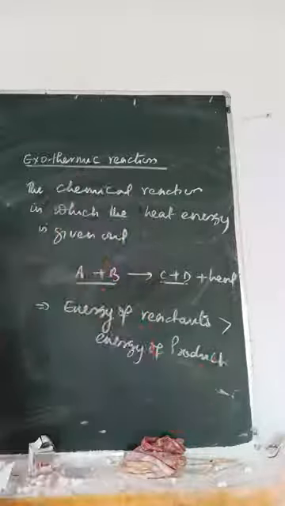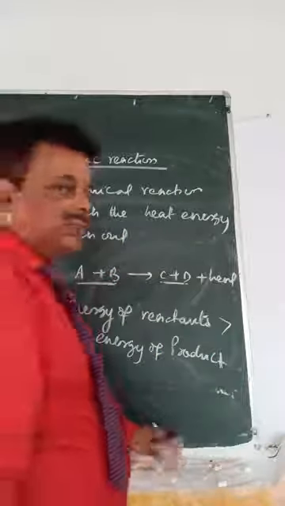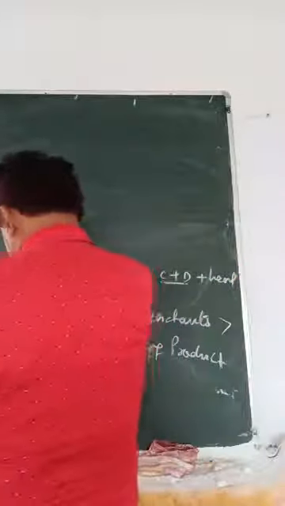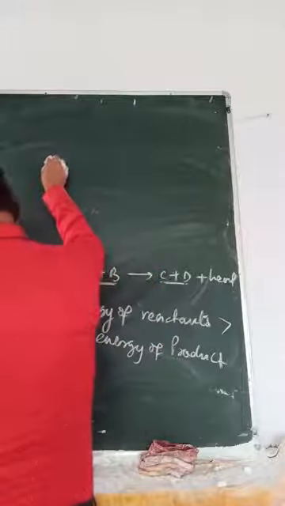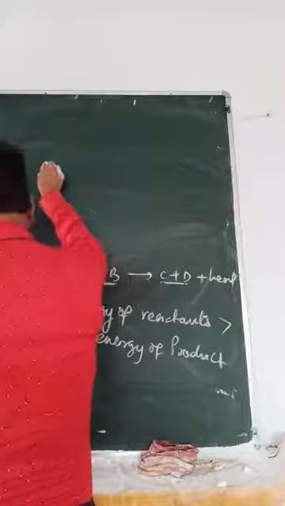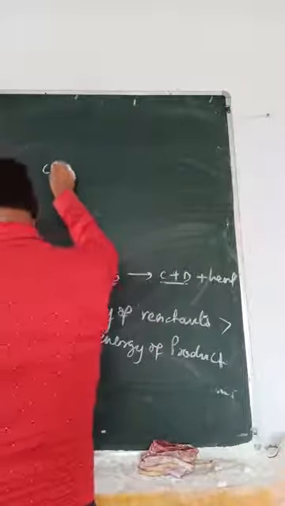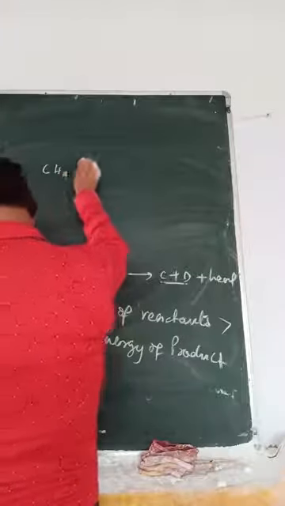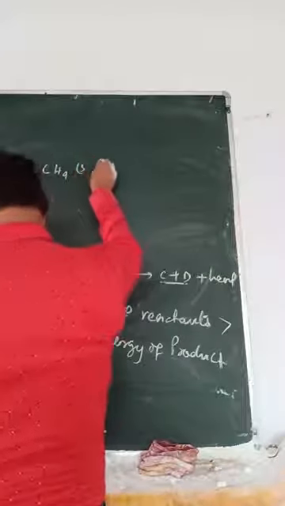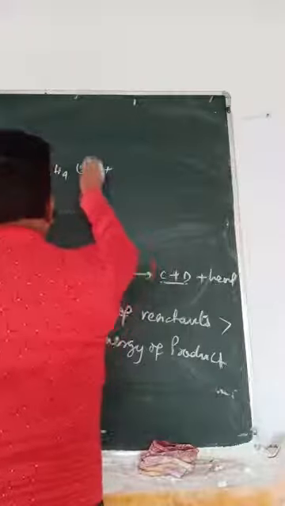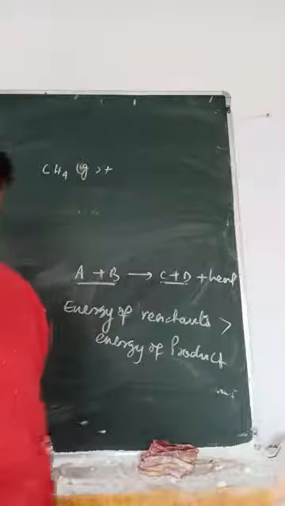Okay. So take some examples. Where do you find this? That is methane, CH4, which is a gas, plus oxygen.